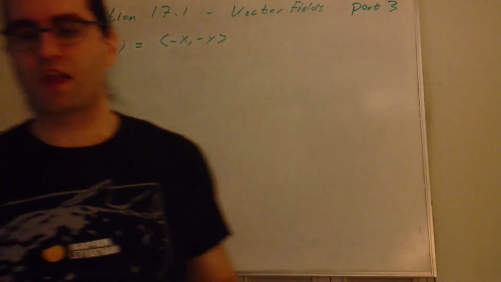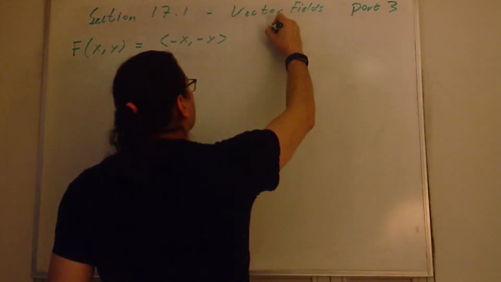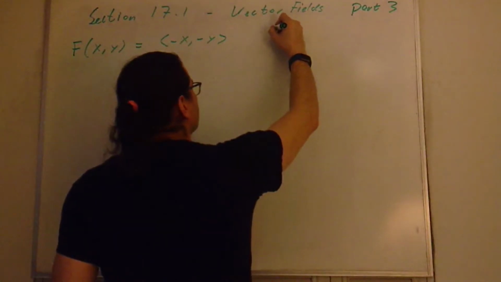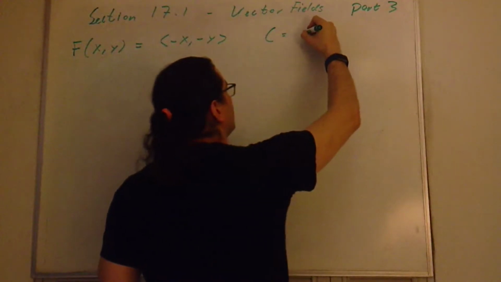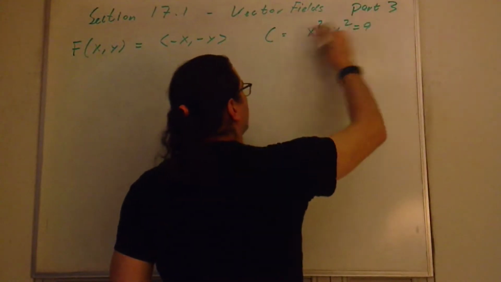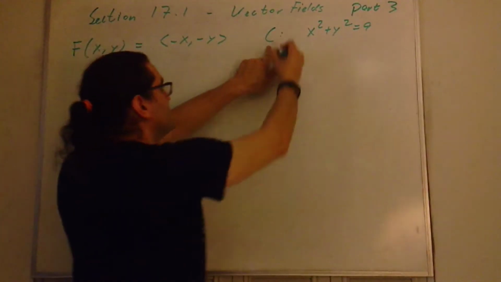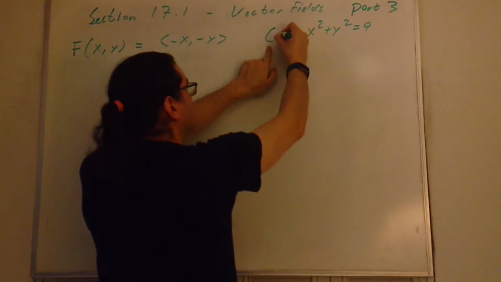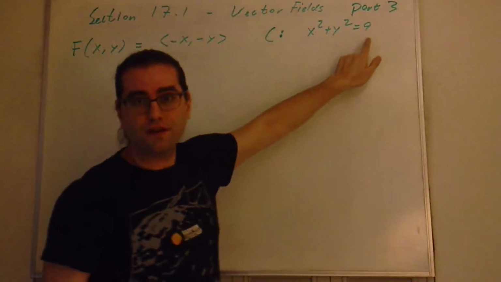Anyway, I want to know where this thing is either tangent or perpendicular to the curve C, which is x squared plus y squared equals 9. So this is my curve C. It's a circle, radius 3.